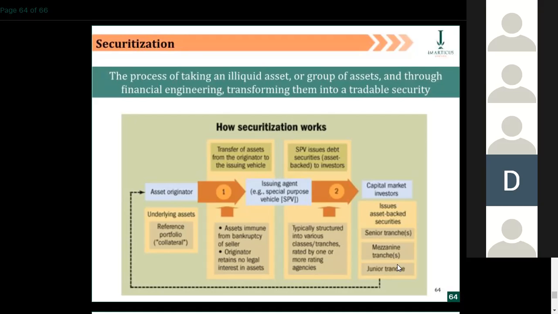So the interest rate would be proportionate to the risk attached to the security. The senior tranche will have the lowest interest rate. Mezzanine would be a little higher than the senior one, and the junior tranche would have the highest interest rate compared to the remaining two, because safety is greater on the senior tranche.